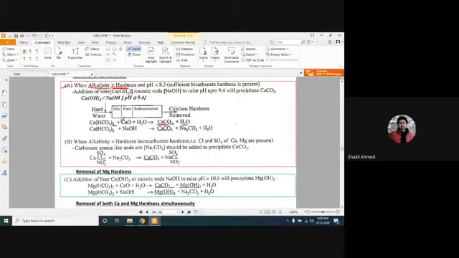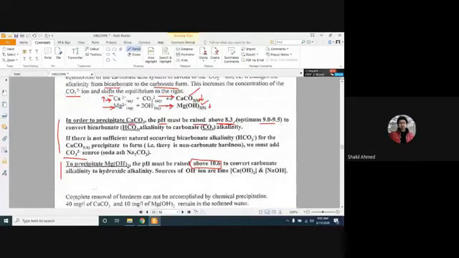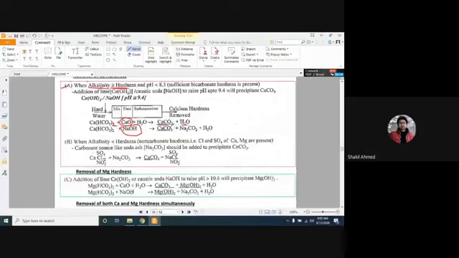Instead of calcium oxide, lime, you can also use sodium hydroxide. This is also a base that will increase the pH to 8.3. They are also taking it at optimum level, 9 to 9.5, right? Let's call it 9.4 or something like that.